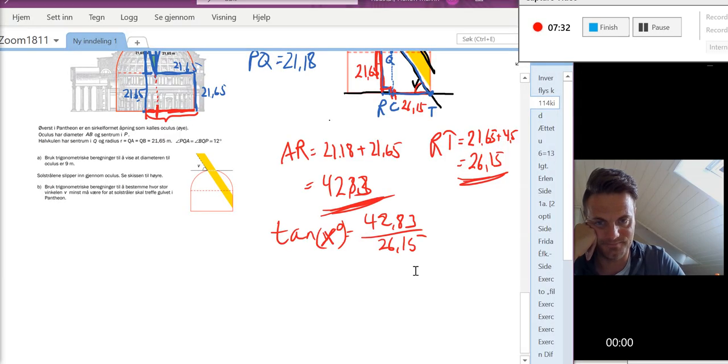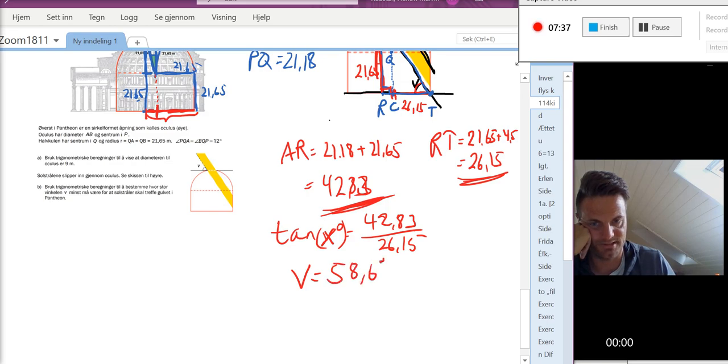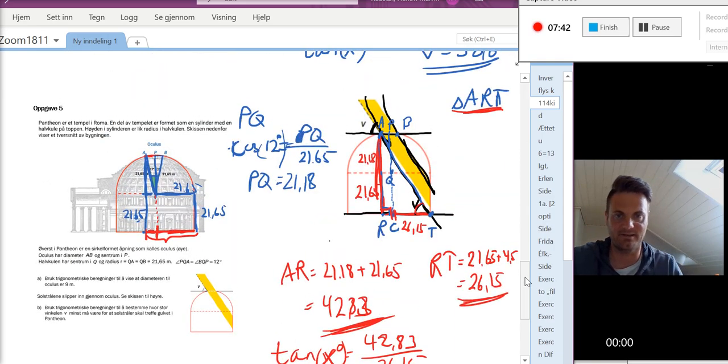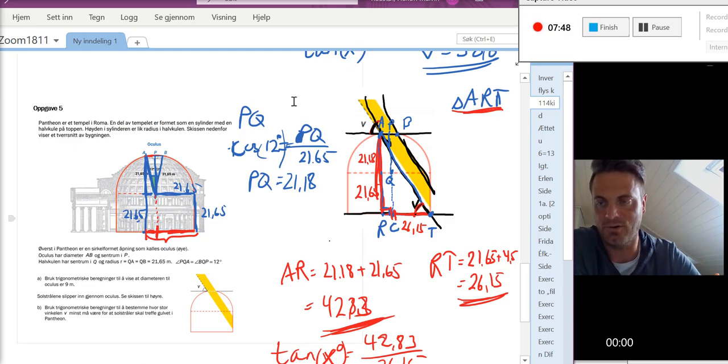That is the answer. Angle V here is 58.6 degrees. So this is this angle here, which is the same as this angle here. So that's the answer to exercise B.